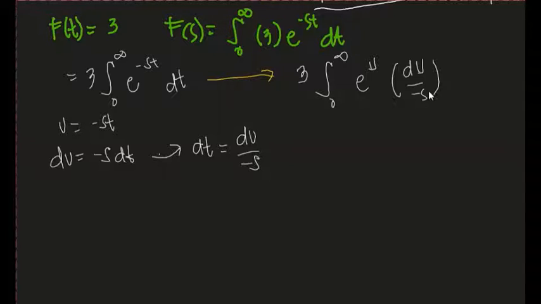S is the constant sa sining equation kay wala siya sang u, wala man siya sang t, kay hindi man siya t. So we have to factor out sang s. So ang mabilin sa aton nga equation will be, when i-factor out naton, this will be equal to negative 3 all over s integral of e raised to u du. So, amo na yung aton nga equation. And then, diri kita ma-perform sa aton nga integration, definite integral.